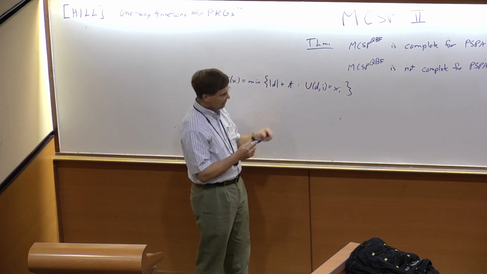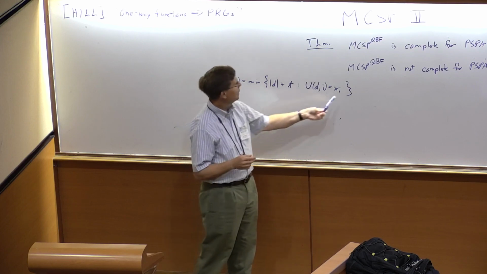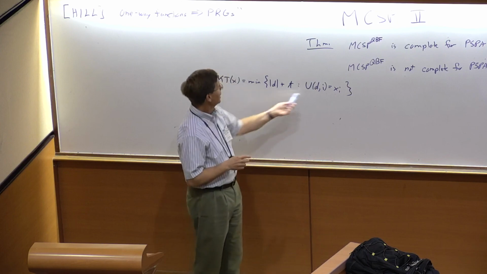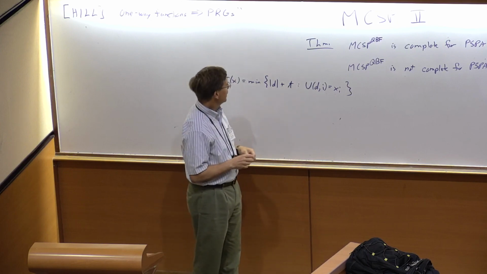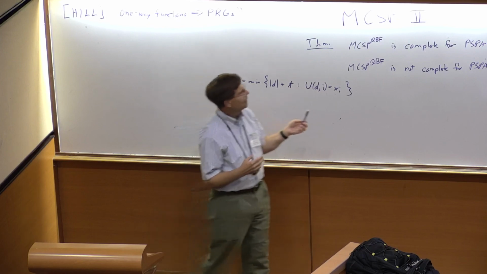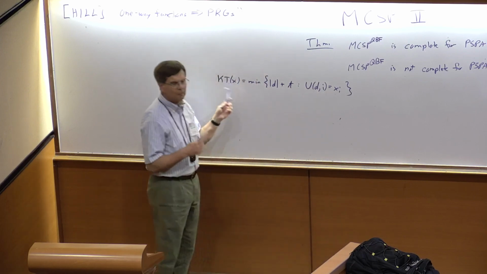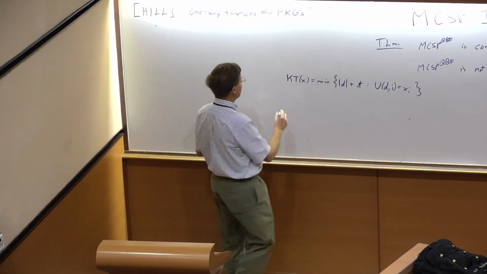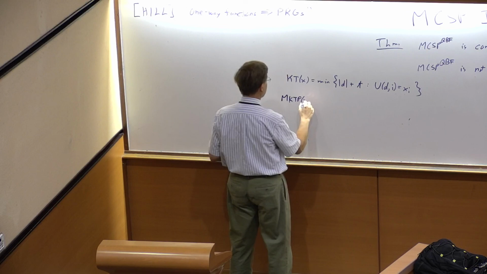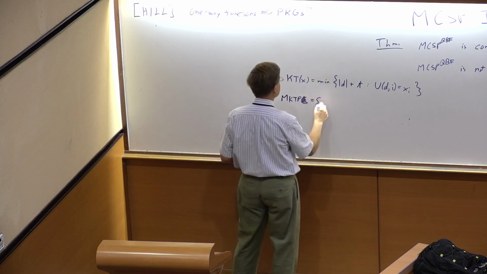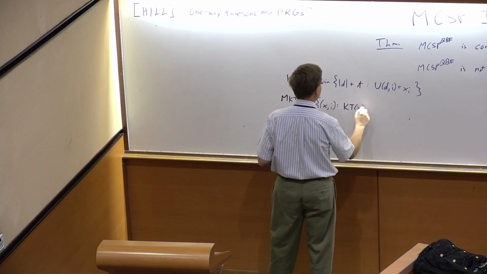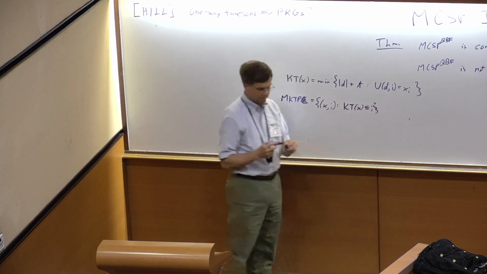So if this description is enough that it can tell me what x is, then this is a definition that turns out to be basically the same thing as circuit size. And MKTP is just the set of pairs (x, i) such that Kt of x is at most i.